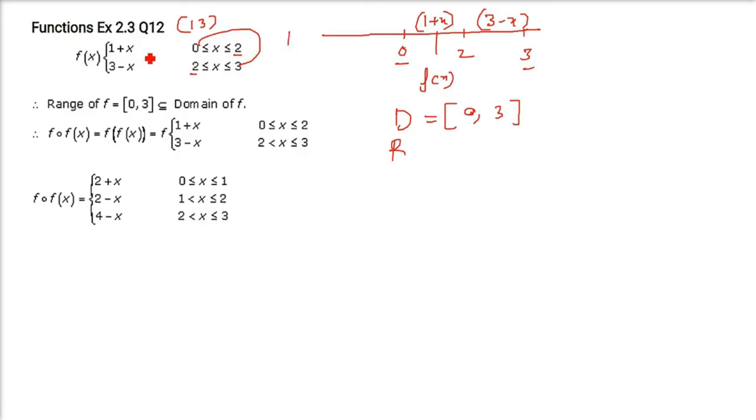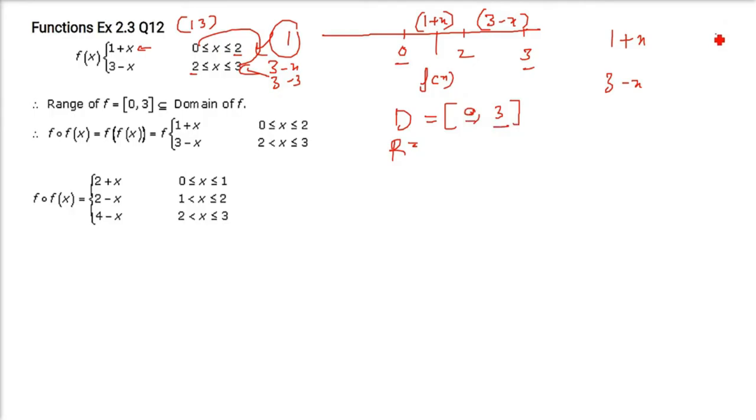So when we put 0, it is 1 plus x we are going to take. So 1 will be the value from 1 plus x, and when we put 3 inside 3 minus x, it will be 0. Okay, let me tell you again. 1 plus x, 3 minus x, minimum value is 0, maximum value is 3.